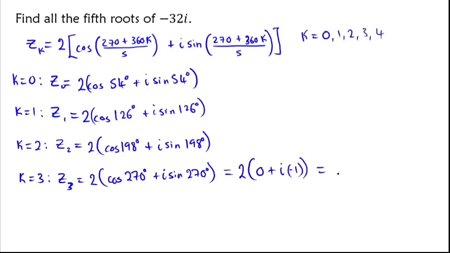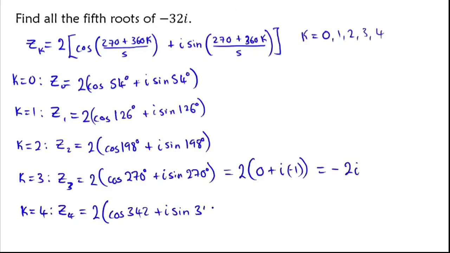So our answer here will simply be negative 2I. You can find the same for all of them, but I'm just avoiding decimals. So for the last one, when k is 4, z4 is equal to 2, open bracket, 360 multiplied by 4 plus 270 divided by 5 gives us 342. So cos 342 plus I sine 342, like that.